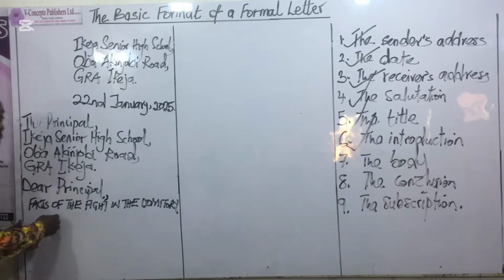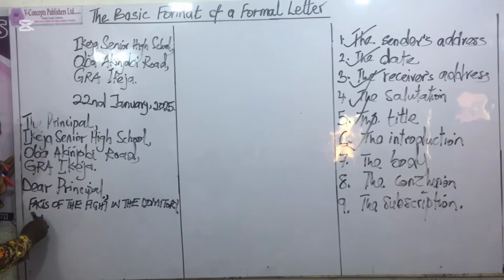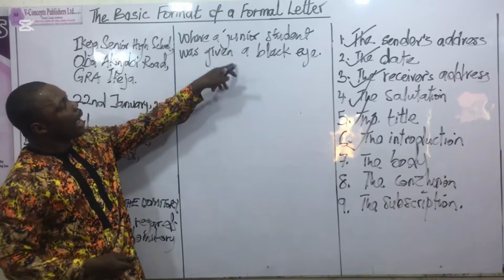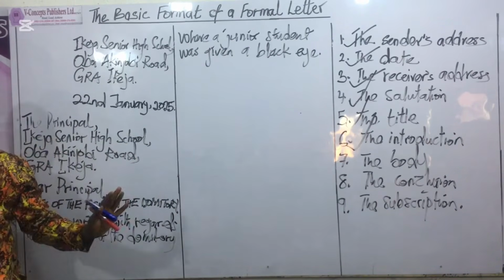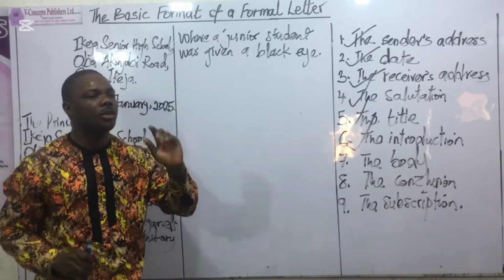That is a space for the paragraph to begin. So you are going to say something like this. You're going to say, I am writing with regards to the fight at the dormitory where a junior student was given a black eye the previous day. Fine. This is a very good caption for the first sentence of the introduction.